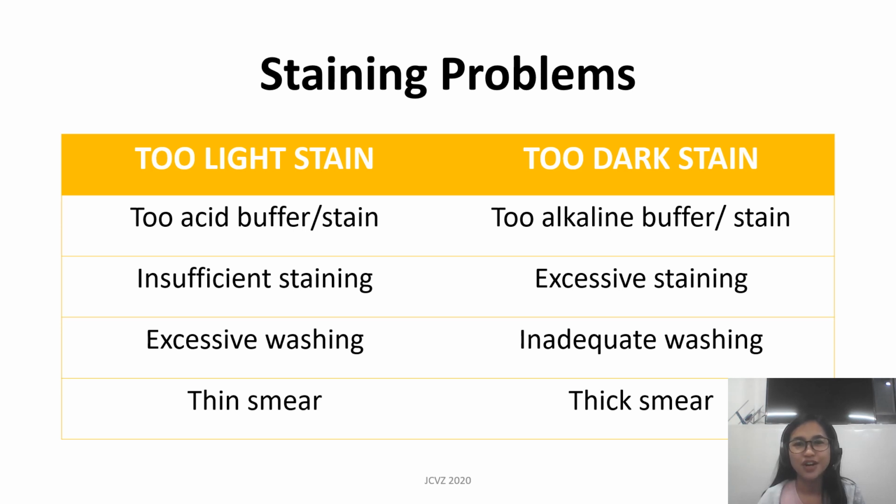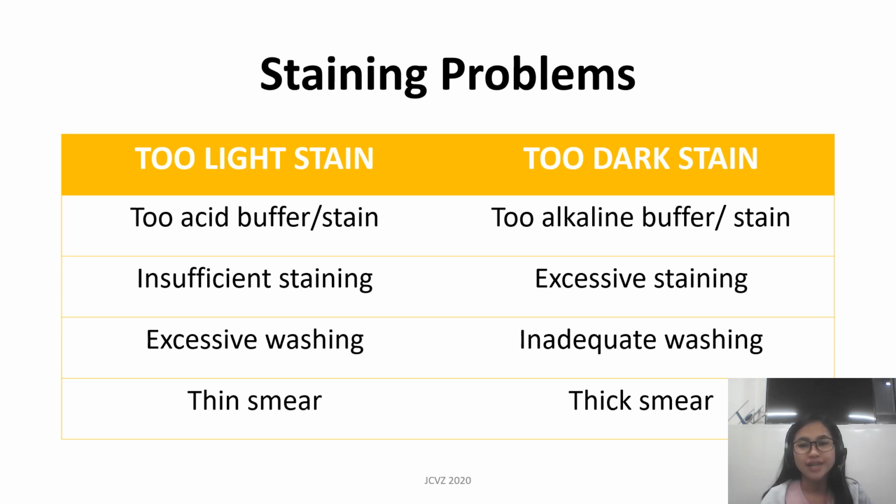After the buffer, you have to wash your slide with tap water or running water. If there is excessive washing, there's a possibility that the stain will be removed. And then finally, you have a thin smear. Okay, if your smear is thin, then of course it would only take a little of your stain, resulting in too light stain on your peripheral blood smear.